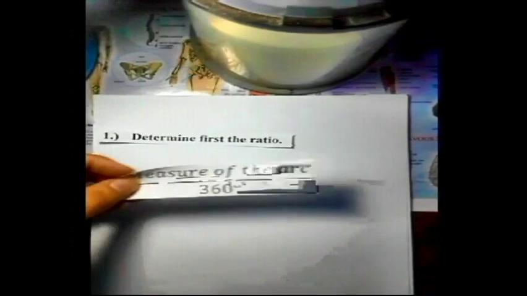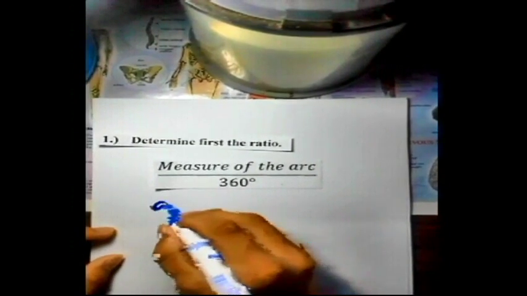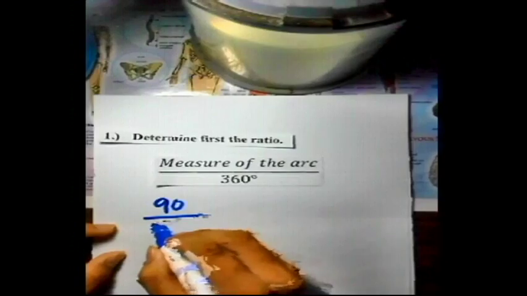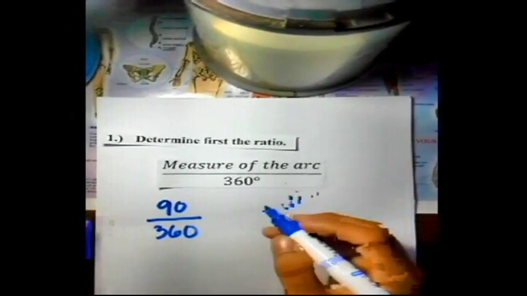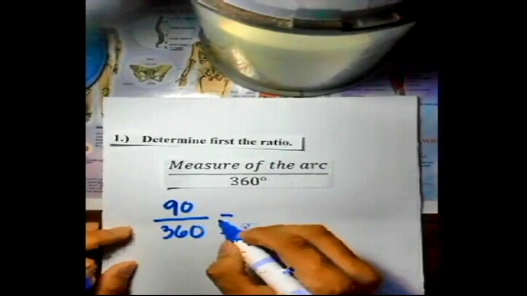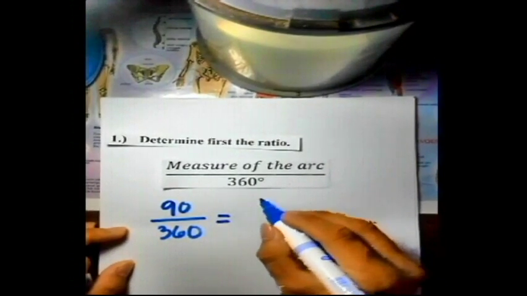We have a formula to get the ratio, which is MOTA, which stands for measure of the arc, divided by 360, which is the whole measure of the circle. We will substitute our 90 degrees for MOTA, dividing it by 360. 90 divided by 360, you can get it in decimal form, but we chose to put it in fraction form, and that is 1/4.